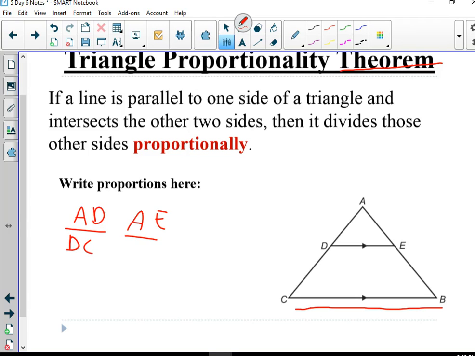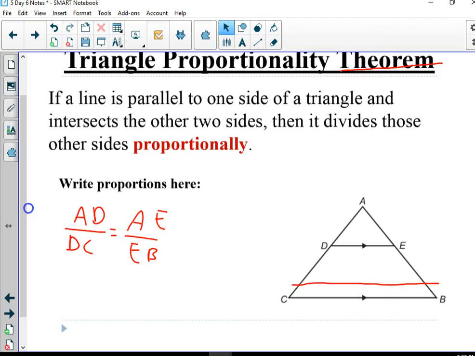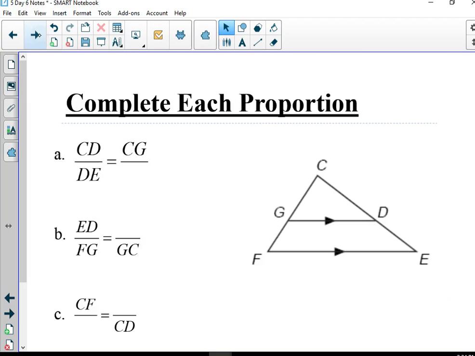The same way AE is to EB. They are proportionally cut. And once again, no matter where this line is, if I put new letters here, R and S, or here, or here, we would still have the same proportionality of the parts.